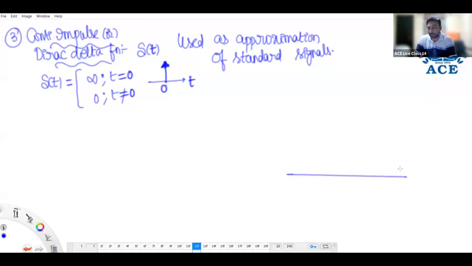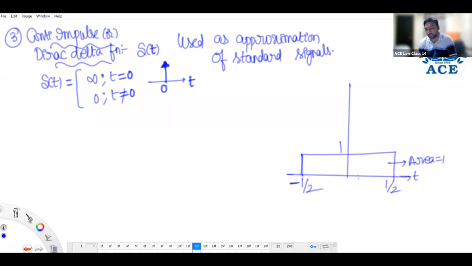How to understand this point is, suppose we have taken a unit area rectangular pulse. Area is 1, length into breadth. Go on, compress the time axis, but try to maintain the same area.